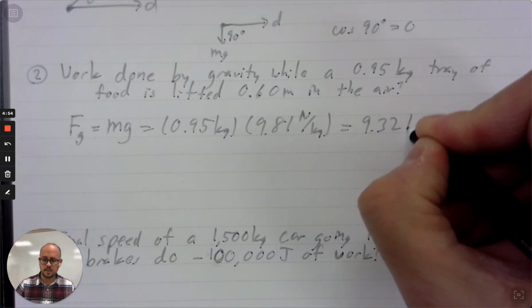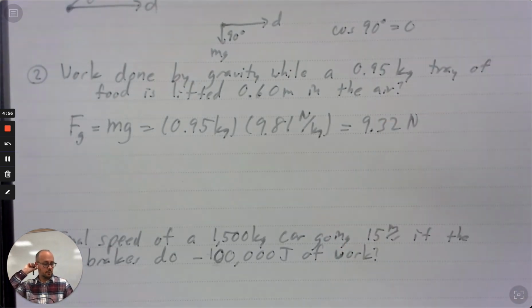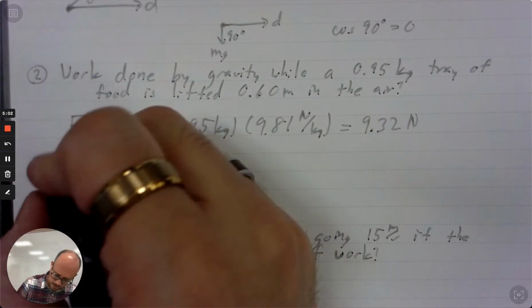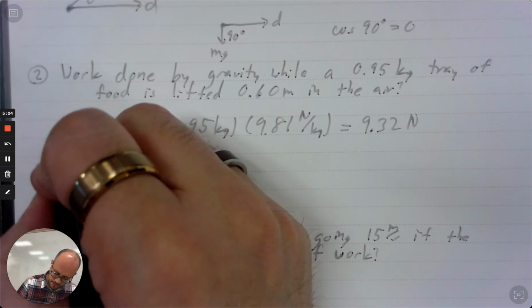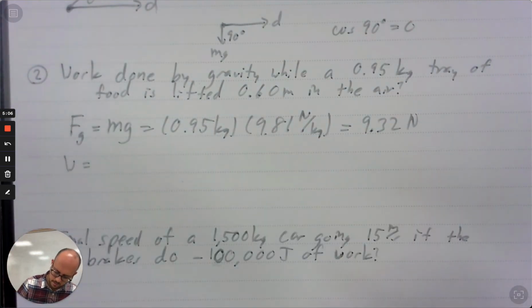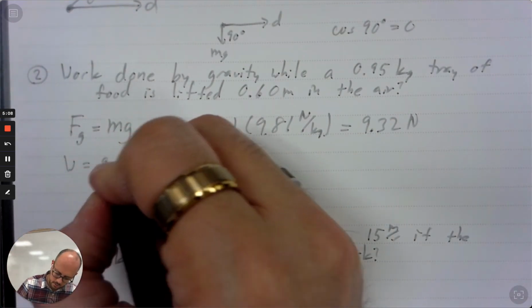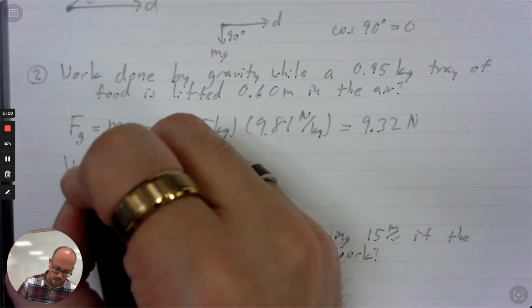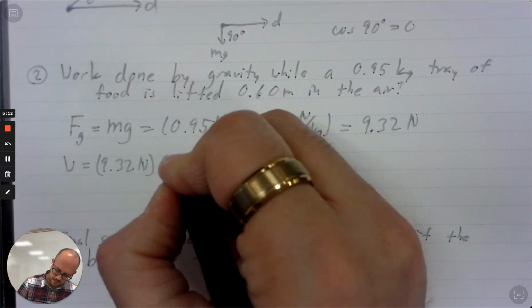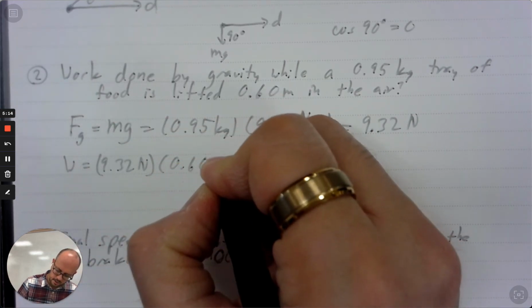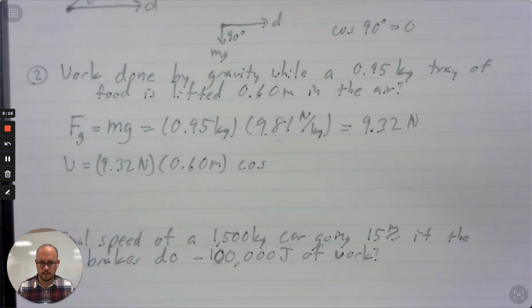So gravity is exerting a constant 9.32 newton force on this food tray while it's being lifted. The work being done by gravity is going to be that 9.32 newtons times 0.60 meters. And then I have to think about the cosine of what angle.